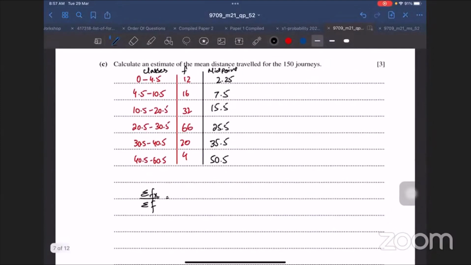I'm then going to apply the formula fx: 12 times 2.25 plus 16 times 7.5 plus 32 times 15.5 plus 66 times 25.5 plus 20 times 35.5 plus 4 times 50.5. And I know that I have a total of 150 observations, so I'm going to just divide by 150.